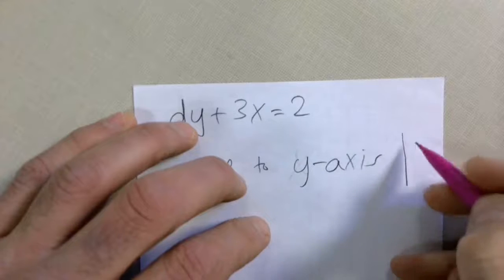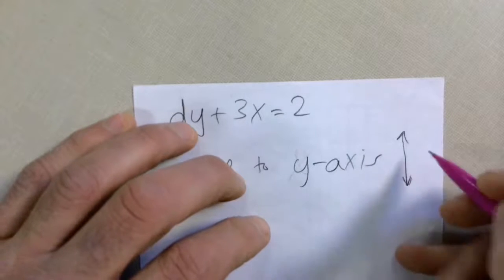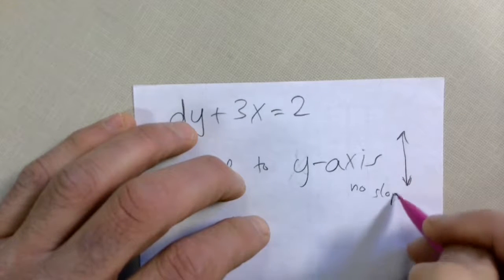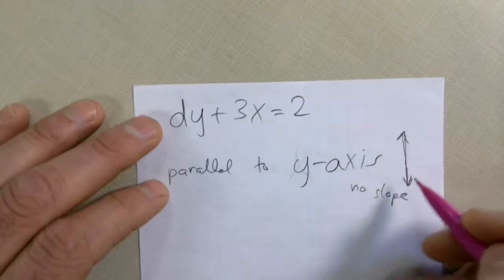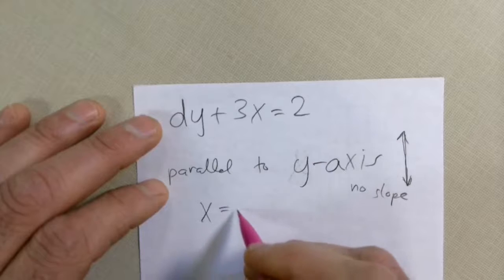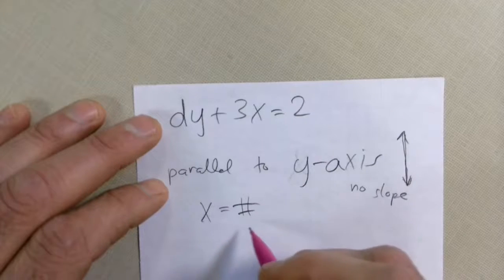The y-axis is vertical. What's the slope for the y-axis? No slope. If something is parallel to the y-axis, it's going to be x equals some number.